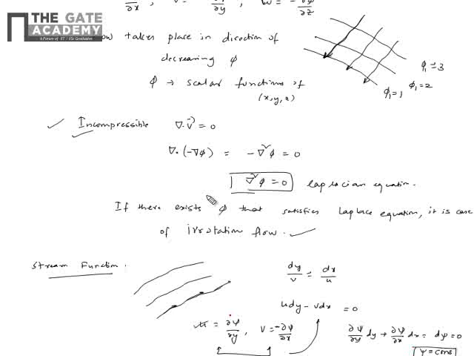So if I define u and v this way, I get psi constant along this curve, with values c1, c2, c3. In this way I can build up a scalar function which represents the streamlines.